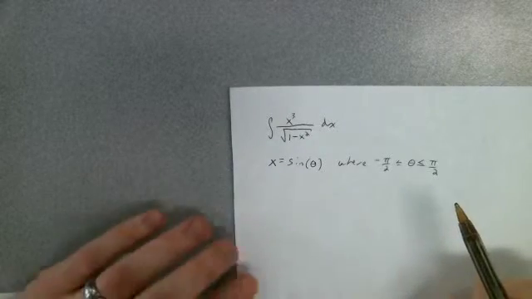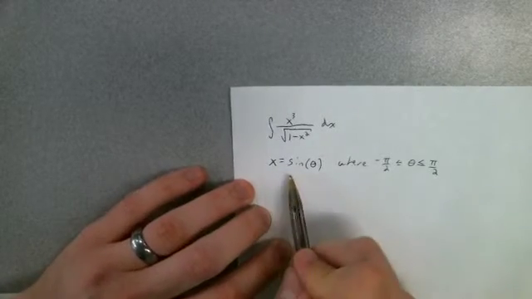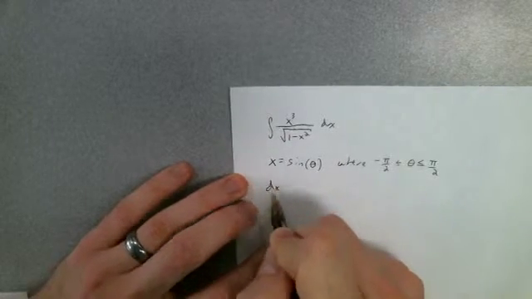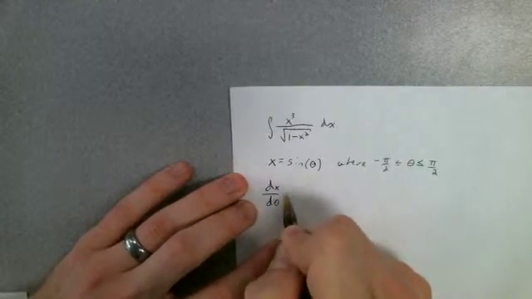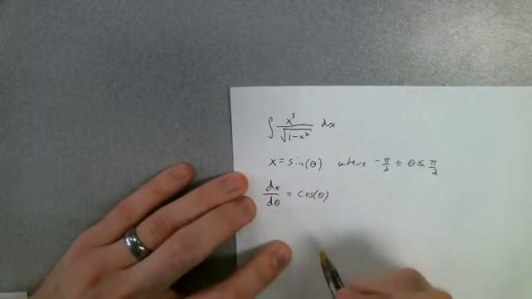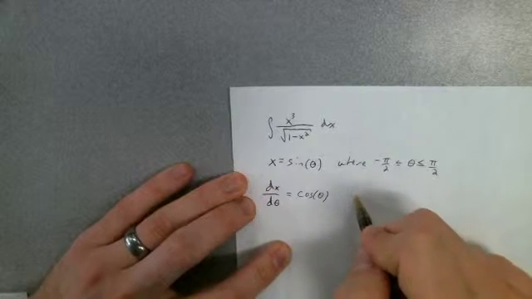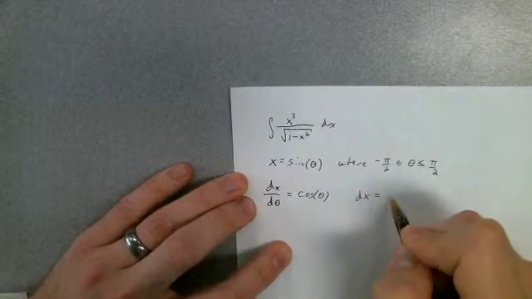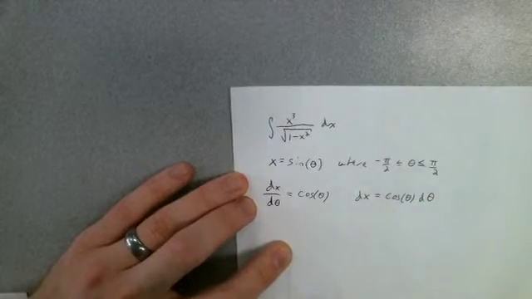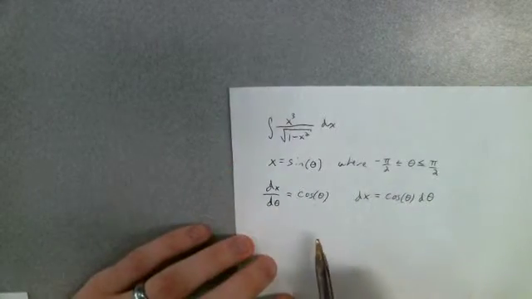Okay, so look what happens if we do this. I'm going to take derivatives here. I'm going to say, okay, well, dx d theta then is cosine theta. So if I multiply both sides by d theta, I have dx is equal to cosine of theta d theta. All right.